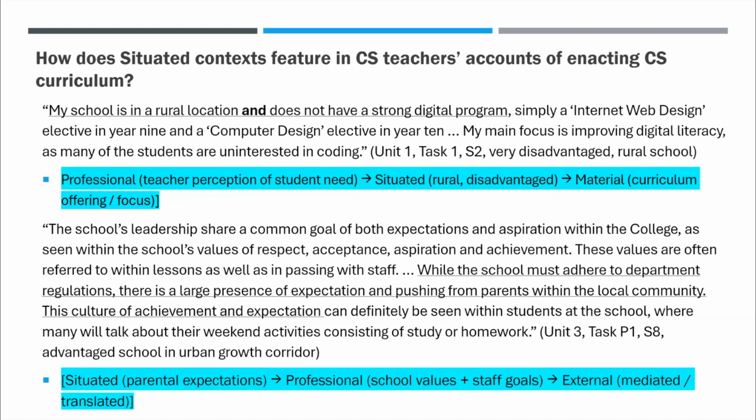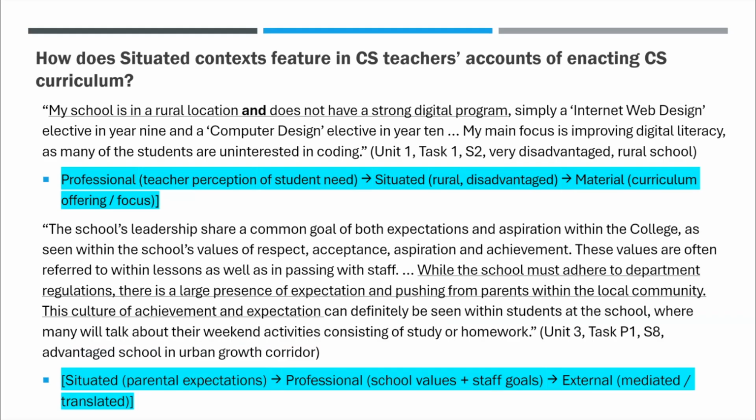Okay, and now the situated context. So both these two quotes reference the situated context, namely teachers' perceptions of community and student need and capability. The quotes suggest very different relationships between the situated context and the professional contexts at each of these schools.